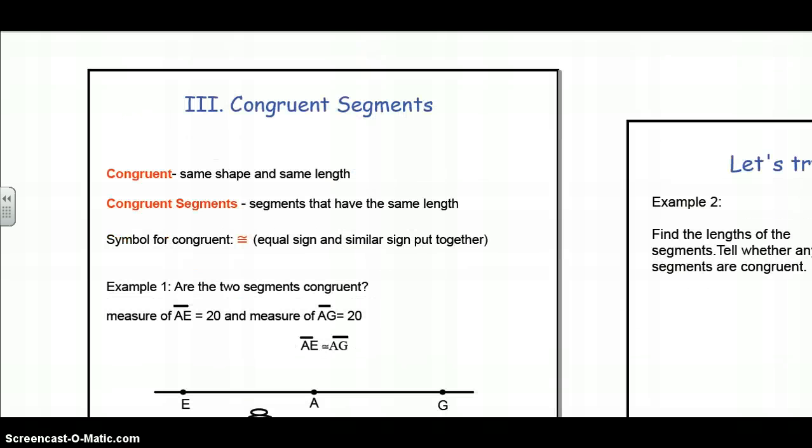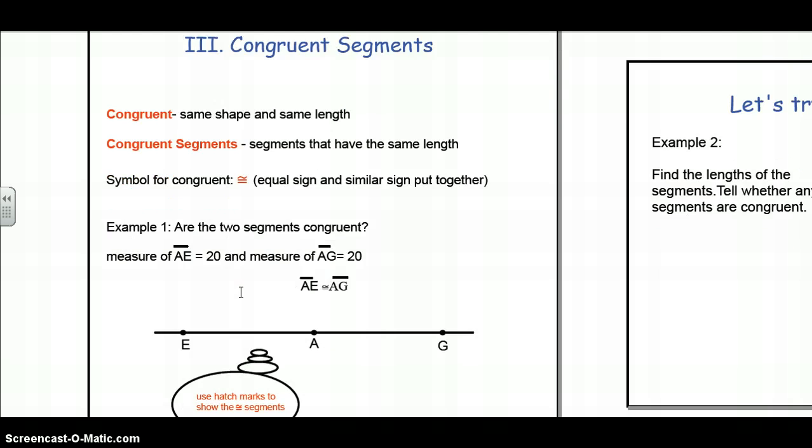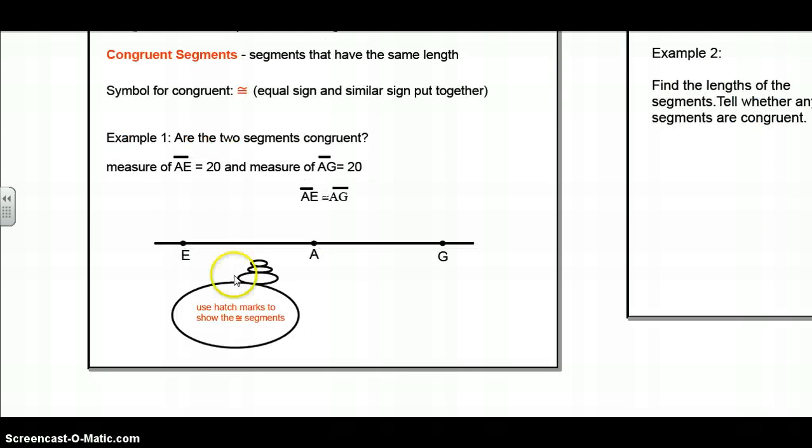So that means line AB has a distance of 5. A term that you'll hear often in geometry is congruent segments. Congruent segments have the same length. The symbol for congruent is the equal sign and the similar sign put together. So, are the two segments congruent? The measure of AE is 20 and the measure of AG is 20.